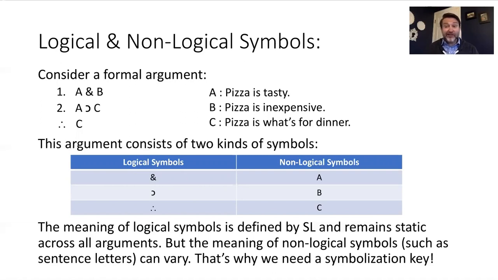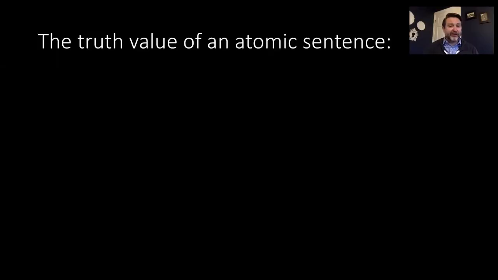But those sentence letters can change their meaning across different sentences. So for example, A may mean Phyllis is furry, B, Phyllis has 4 legs, and C, Phyllis is a pet, right? So in a different argument, A, B, and C could mean something different, but conjunction, conditional, therefore, and all of our other logical connectives and logical symbols are never going to change their meaning across arguments.